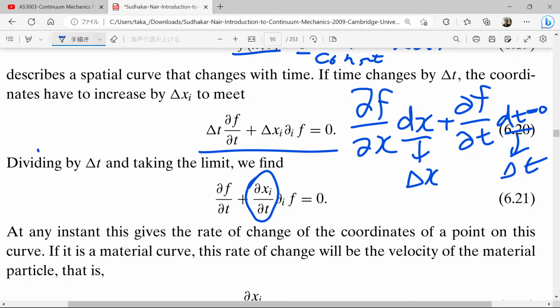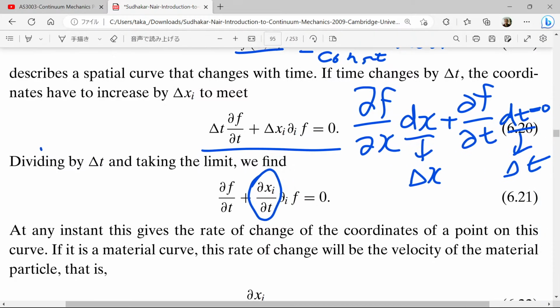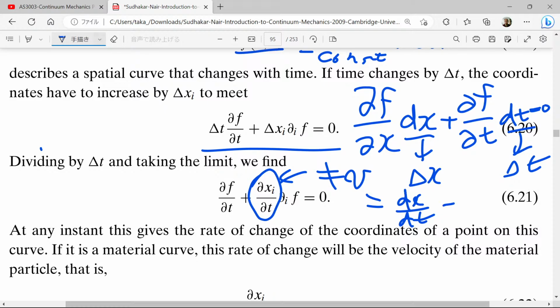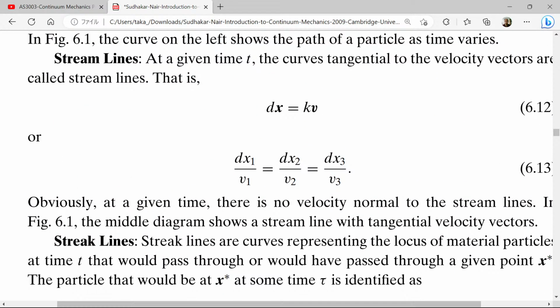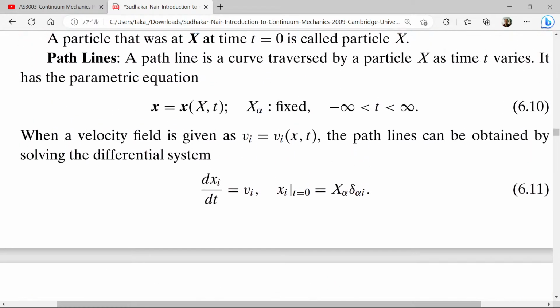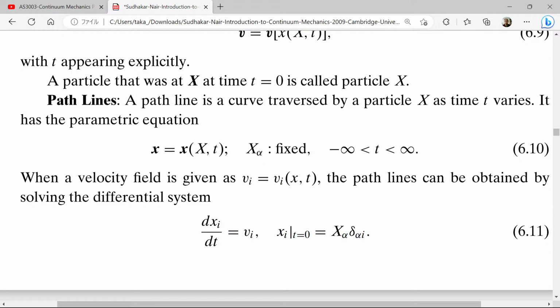Partial f partial t, dx dt. This is not v. So v was like this, dx dt, right? I think so. This was the velocity of a particle. Am I right? V was the velocity of a particle.